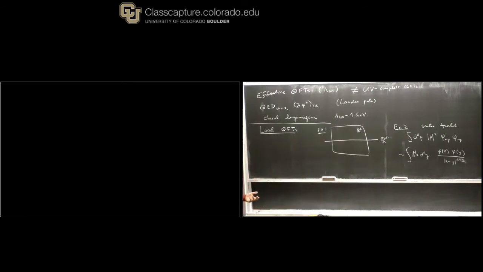And then your theory will be non-local. So such objects exist. At some point in your life, you may have to come to grips with them. But today I would like to avoid dealing with these exceptional situations, and I would like to restrict myself to local quantum field theories.